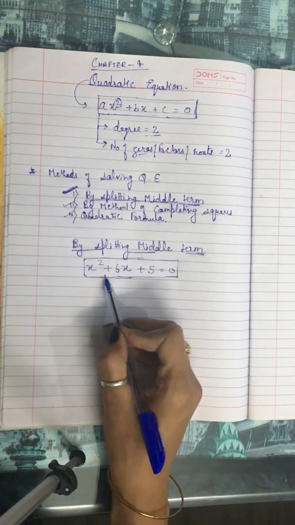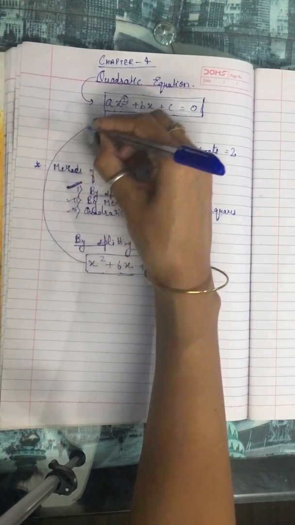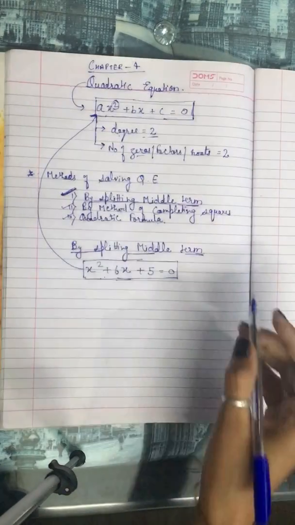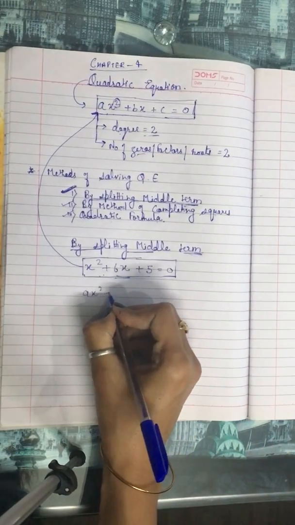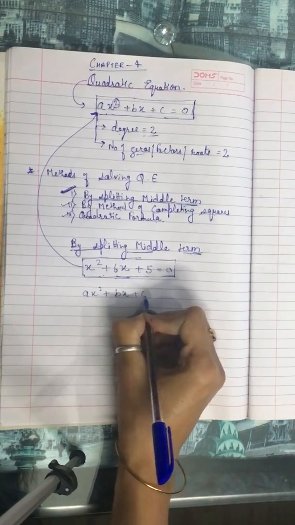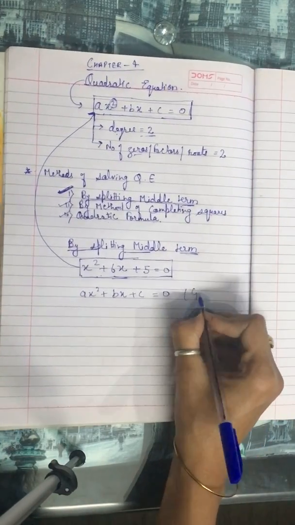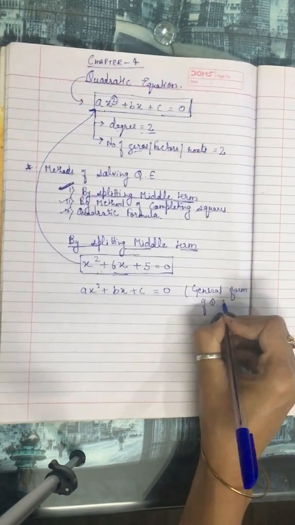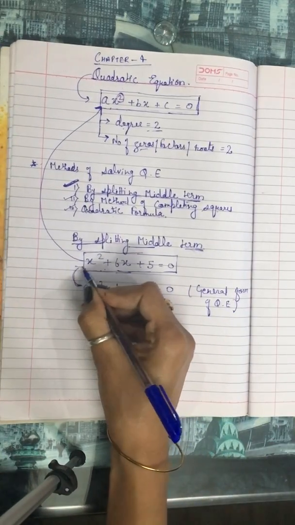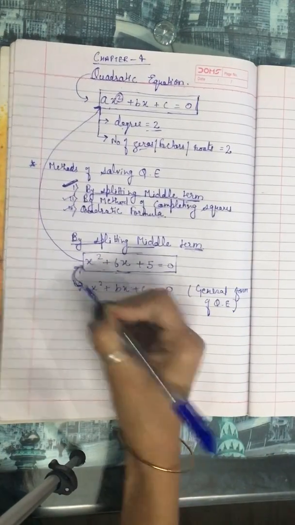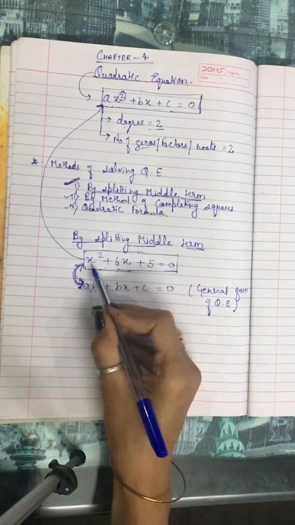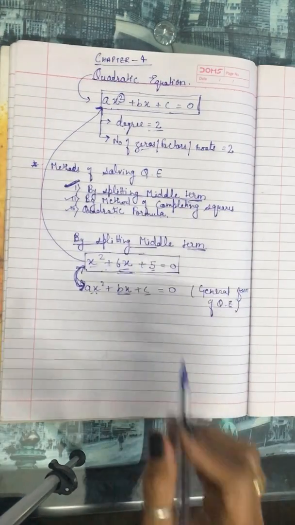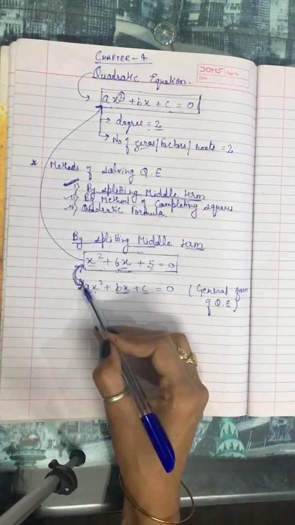First of all, compare the given quadratic equation with its general form, to check whether the given equation is in the form of a quadratic equation or not. We had the general form ax² + bx + c = 0. Comparing these two, we get ax² is x², bx is 6x, c is the constant 5, equals 0. That means the given equation is in the form of a quadratic equation.